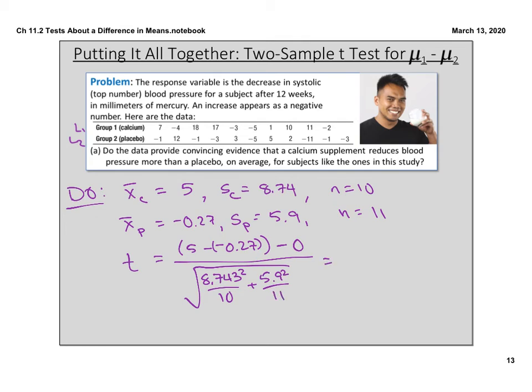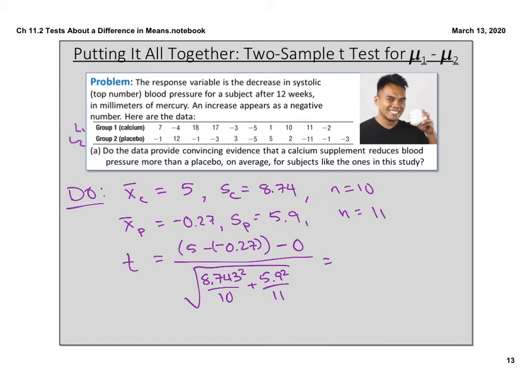Here's where I'm not even going to type that into my calculator. I'm going to go to stat, tests, and do a two-sample t-test. I want to do data. My list 1 is L1, my list 2 is L2. My frequency can stay as 1, and I'm switching my tails to mu1 minus mu2 is greater, because I want the calcium group to be greater.